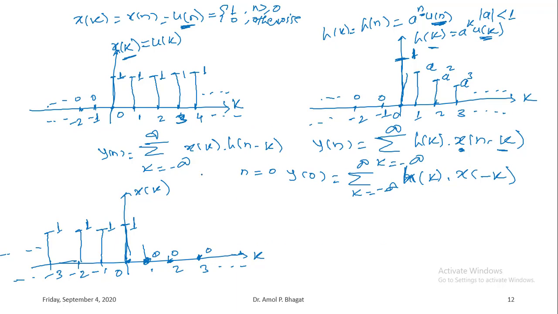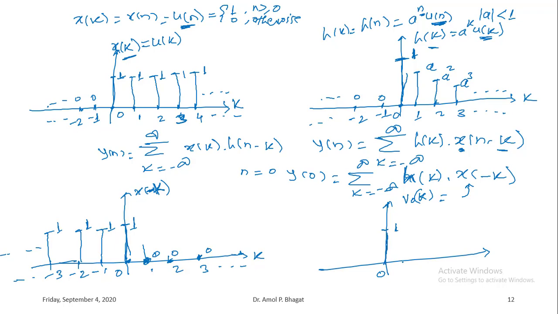Now I have to multiply x of minus k, the folded version of x of k, with h of k. This multiplication result I will indicate simply as v0 of k, because I have substituted the value 0. It is nothing but h of k multiplied by x of minus k. At the origin it is 1 and 1, so the product is 1.